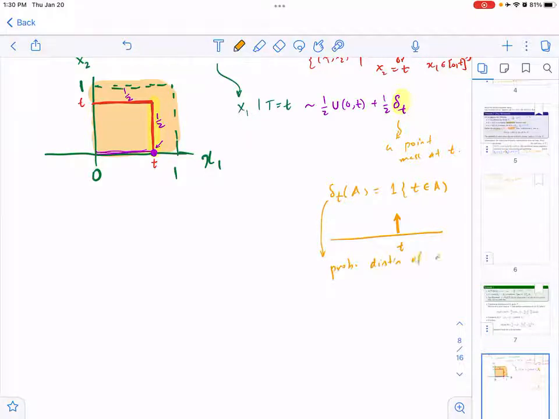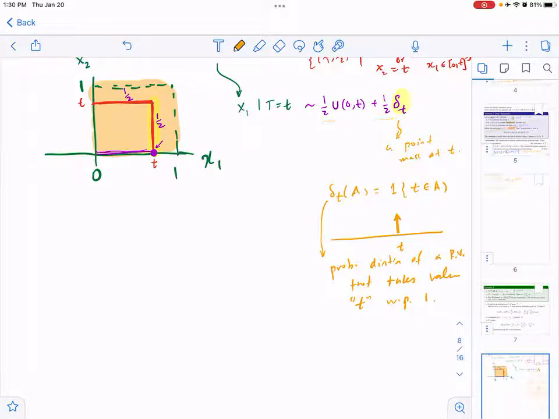The distribution of a random variable that takes value t with probability 1. So it's the distribution of a degenerate random variable that just takes a single value. And this is a notation of a mixture: the distribution of a mixture of a uniform and a delta, the point mass.